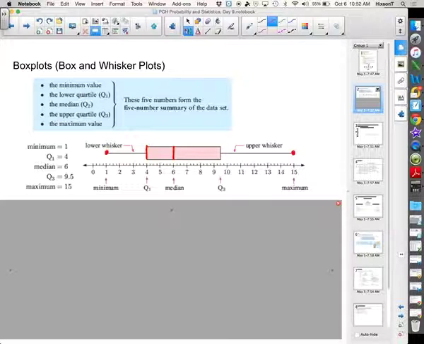The median is here at 6. The first quartile is Q1, and the third quartile is Q3 right there at 9.5. Okay? Once I get those, then I can fill out my box and the whiskers. Okay? So we can simply connect these.